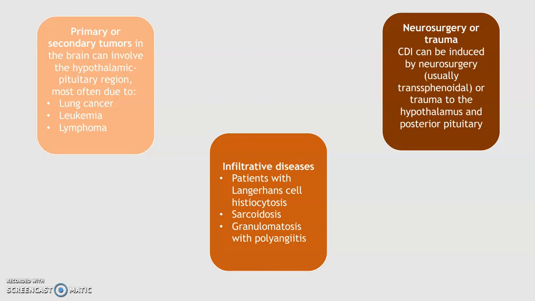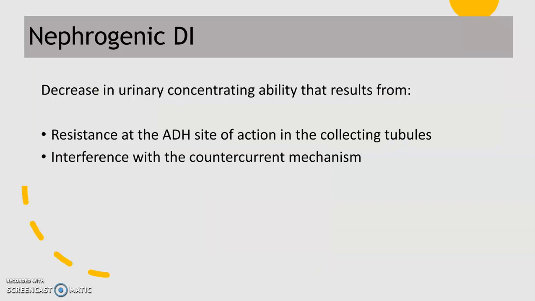And neurosurgery or trauma. The central DI can be induced by neurosurgery, usually transsphenoidal, or trauma to the hypothalamus and posterior pituitary. So anything that damages the cells that produce these hormones is gonna create a central DI.